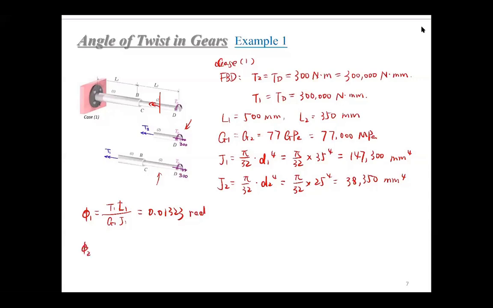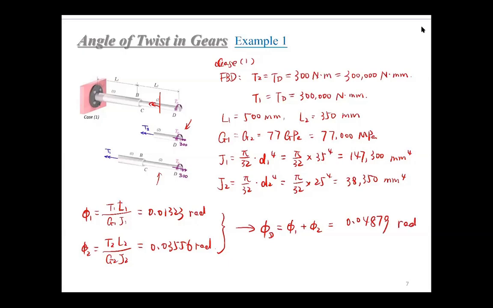And phi 2 will be T2 L2 over G2 J2, so it will be 0.03556 radian. So our phi D will be phi 1 plus phi 2, which will be 0.04879 radian.